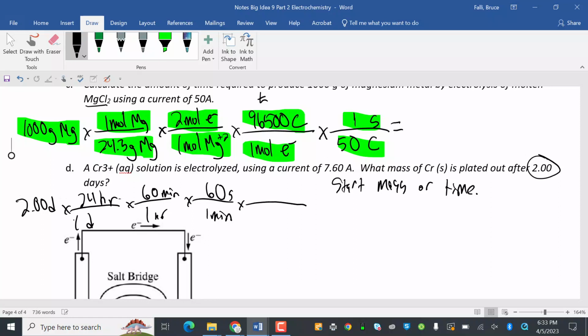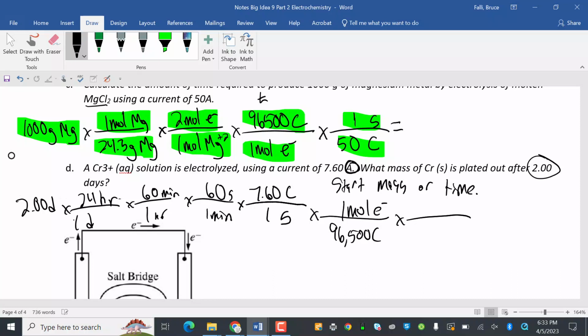Now I need something with seconds in it. That something with seconds in it is going to be amps. So I have 7.60 coulombs per 1 second. Okay. So we want to find out what mass of chromium we're at right here, right? So that puts me into coulombs. 96,500 coulombs equals 1 mole of electrons.